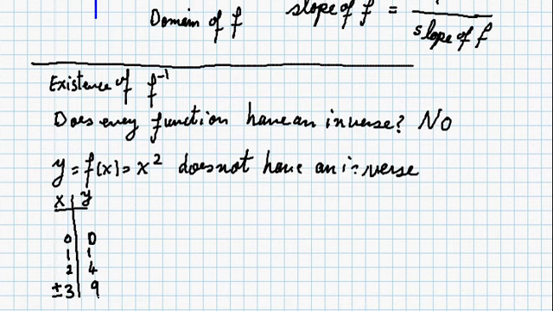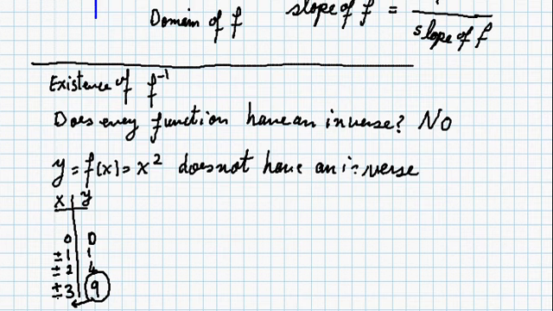Why? Because if you start at 9, you don't know where to go back. That's a problem at 4 also. 4 relates to both plus and minus 2. This 1 relates to both plus and minus 1. But 0 relates to just 0, but that doesn't help the situation because you have all these choices in all these other points.